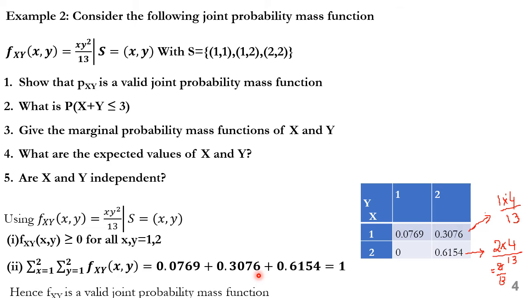Second condition, we need to check whether the summation gives you 1. So when we add all these values, we should get 1. That is 0.0769 plus 0.3076 plus 0.6154 gives you 1. So since these two conditions are satisfied, we can say that fxy is a valid joint probability mass function.